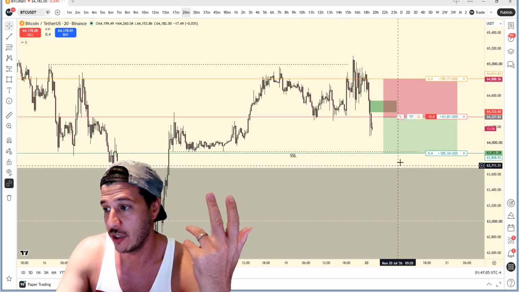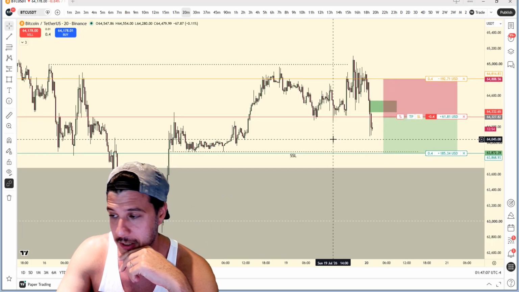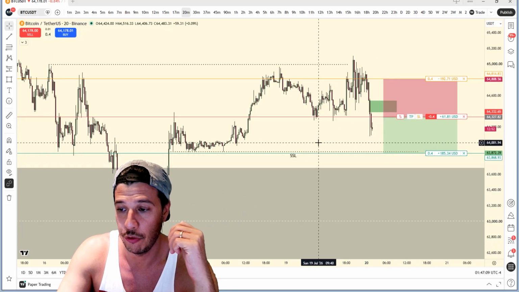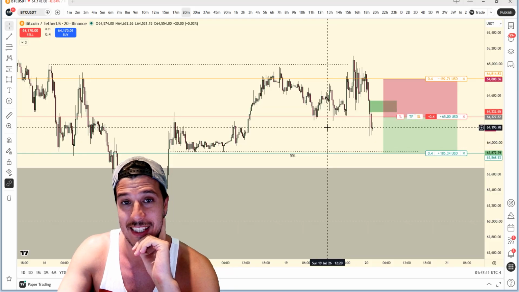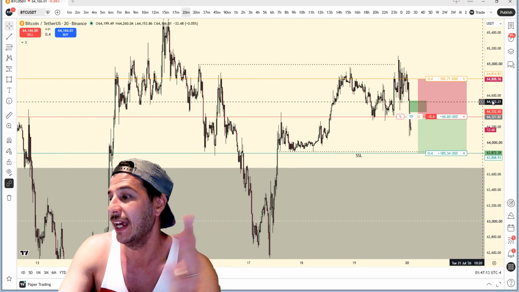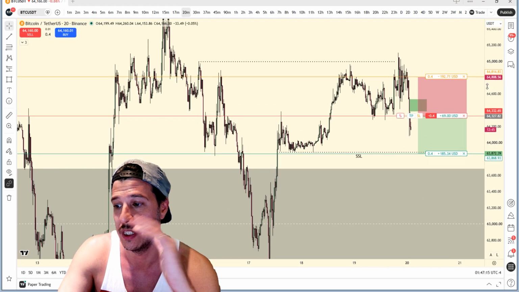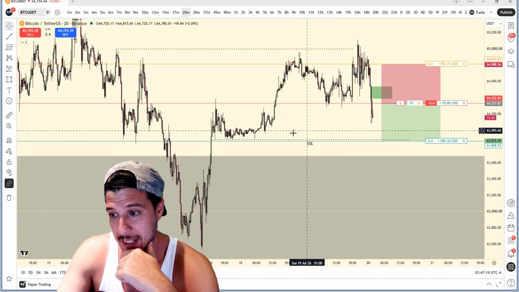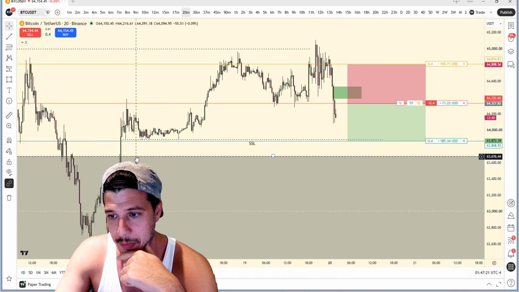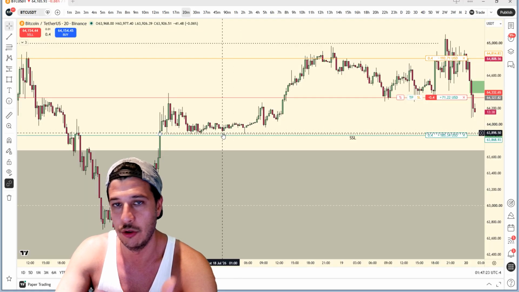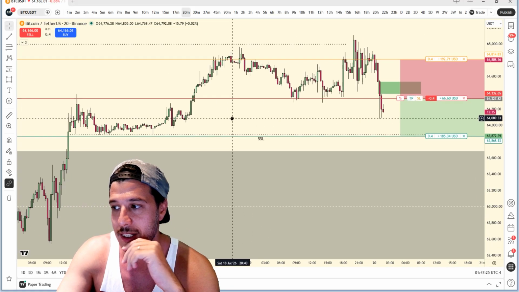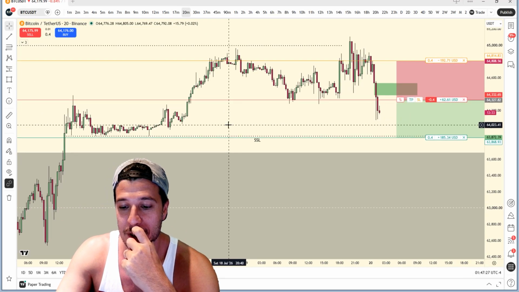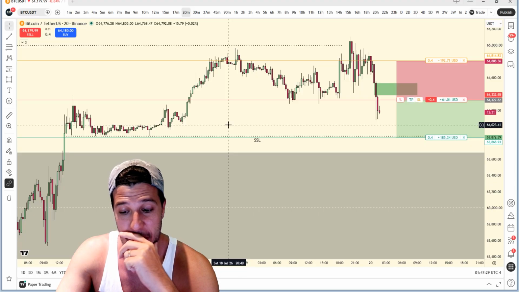Where would be the most likely place to go next? To so-called refuel for the next leg, right? We don't care where else it's going to go. We're just clear on this part. Most likely place would be the nice imbalance over here below these equal lows. Really simple stuff. You don't have to make it too complicated.